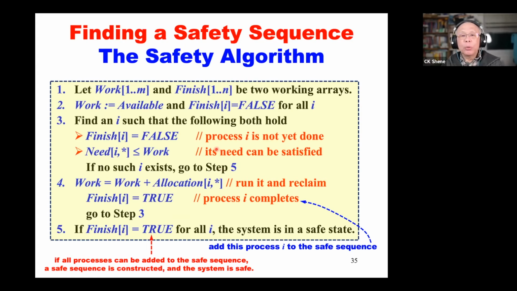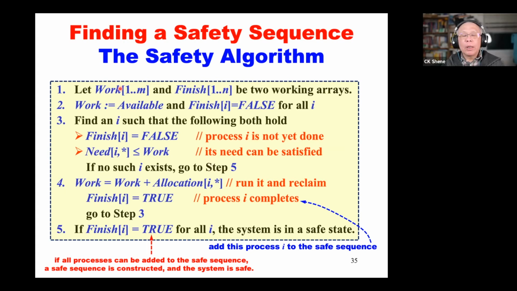We need two working arrays. One is work. It has m entries, one for each resource type. So work[i] equals k means the system has k units available for resource type i. Finish has n entries, one for each process.